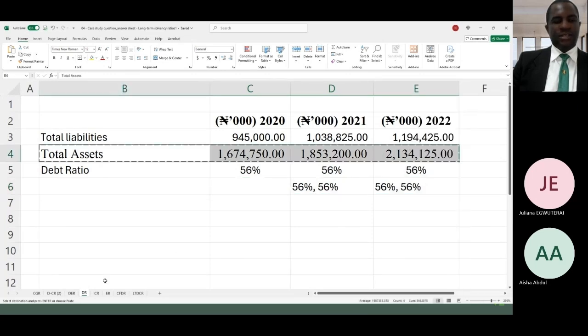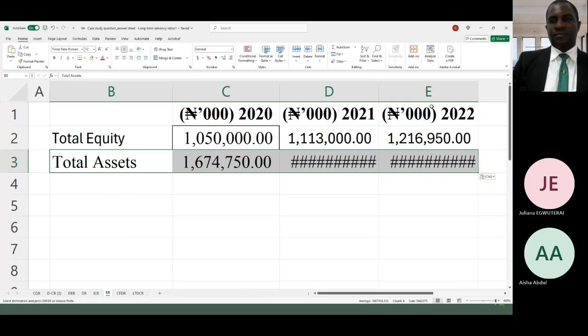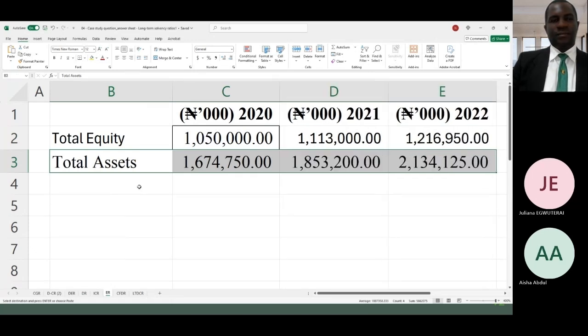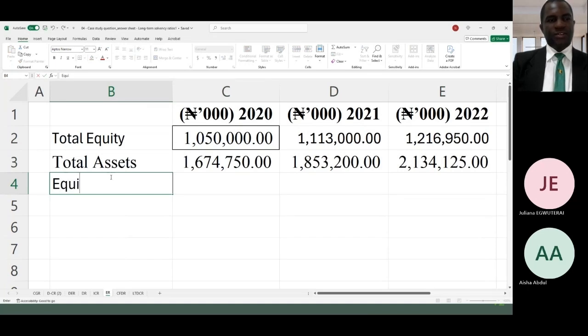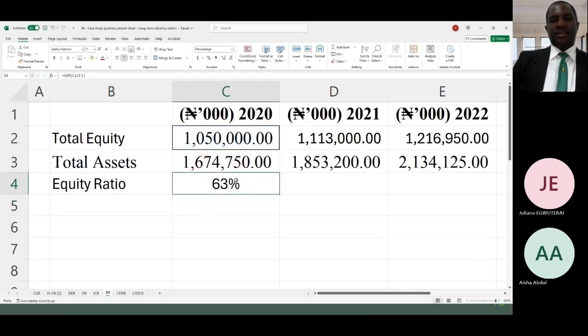Okay, so I have assets here. That's fast. So our equity ratio is now this divided by this.